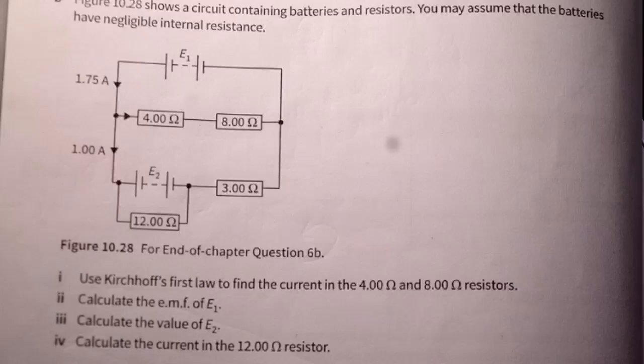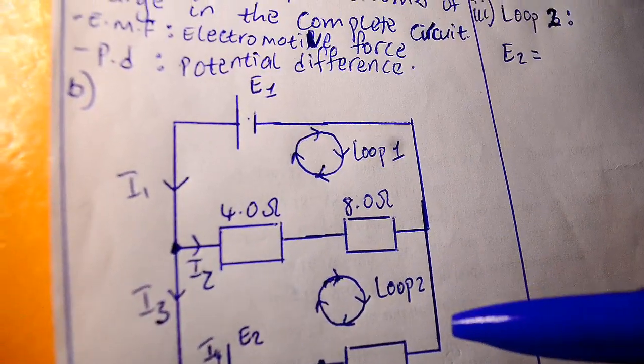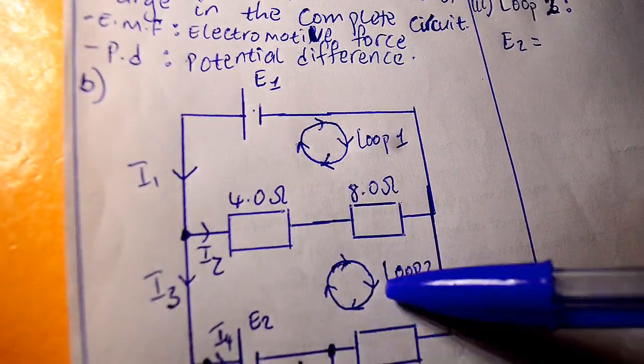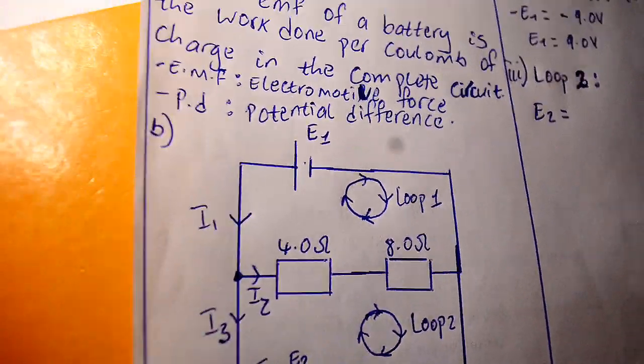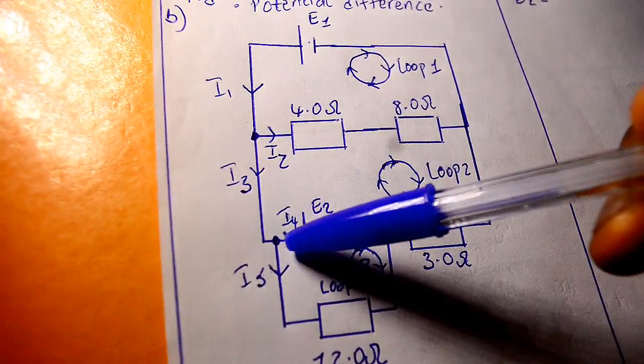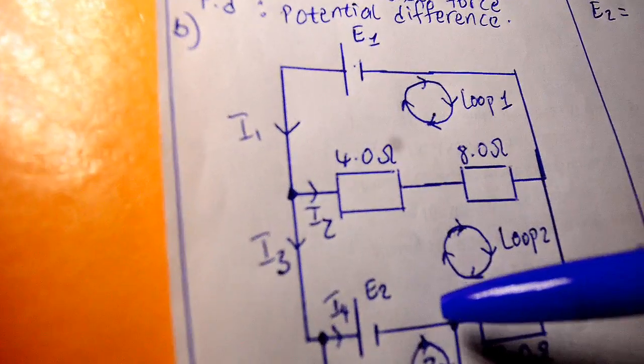Okay, Roman 3 says calculate the value of E2. This is E2 here. You are looking for the value of E2. So here you will use this loop here, loop 2, to get this value of E2. Its current is moving towards the right, but the loop is going towards the left, so it's negative.